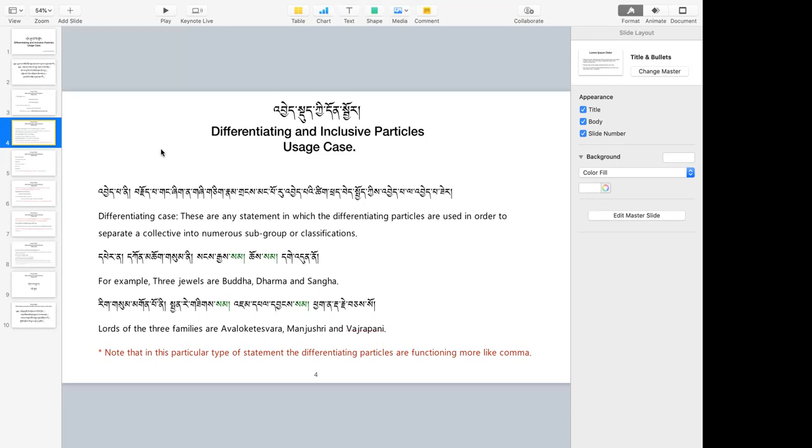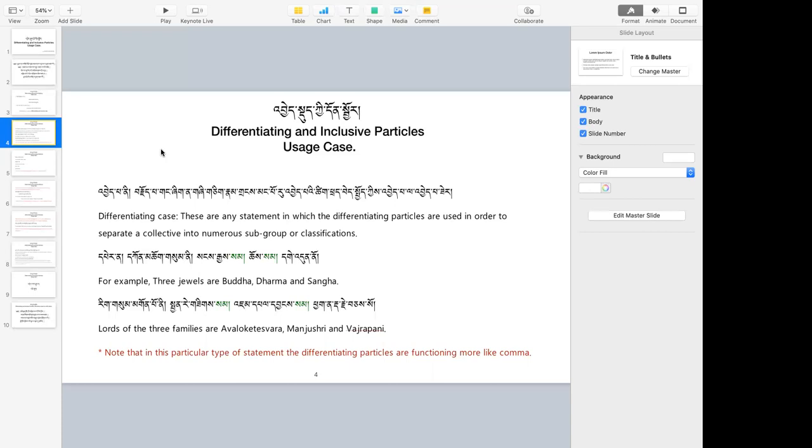So it's a statement in which that particular collective is being classified or separated into numerous subgroups or classifications. This statement functions to separate a collective into many different subgroups or classifications. This is the first criteria.